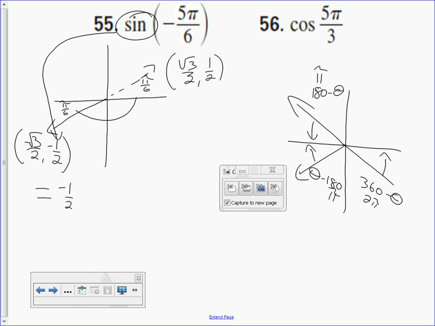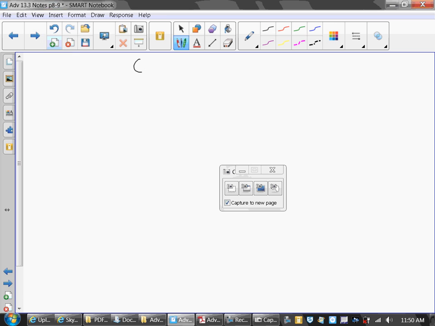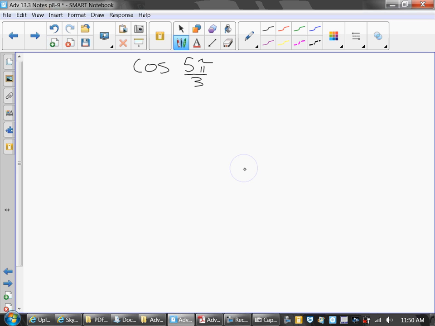Okay. Cosine, 5 pi over 3. Let me get a clean sheet. So cosine of 5 pi over 3. Well, 3 goes into 5 how many times? Once, and then how much is left over? 2/3 pi.